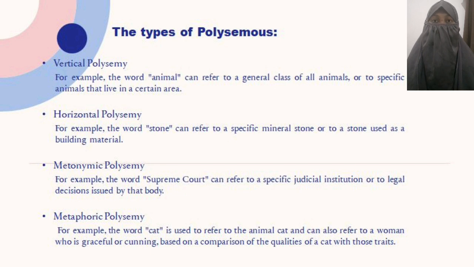Metaphoric polysemy occurs when the meaning added to a word comes from a comparison or allusion to something else. For example, the word cat is used to refer to the animal cat and can also refer to a woman who is graceful or cunning, based on comparison of the qualities of a cat with those traits.